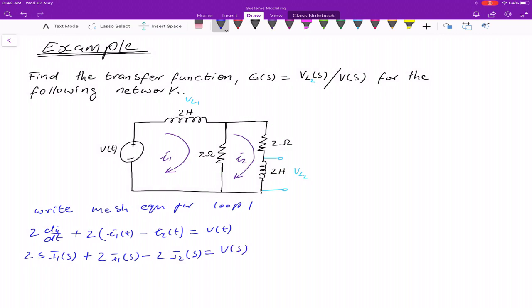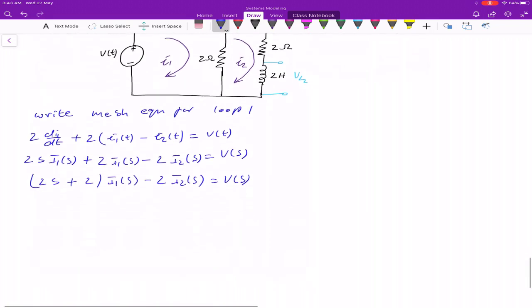I can pull the I1 of s to one side, so we have 2s plus 2 times I1 of s minus 2 I2 of s is equal to V of s. So we are going to use that equation.